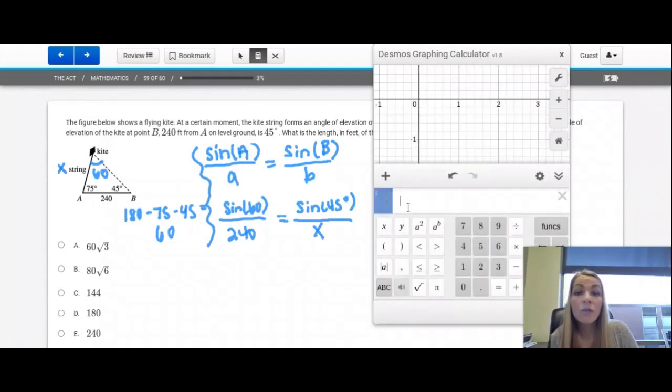So what I'm going to do is plug this in because I want Desmos to solve it for me. I'm going to write the sine of 60 over 240 equals the sine of 45 over X. Okay, and I'm going to scroll out and try to find this.